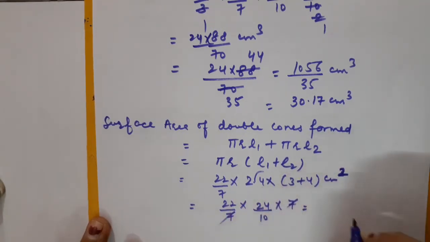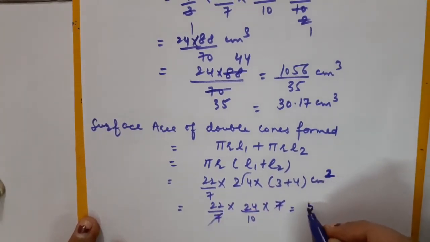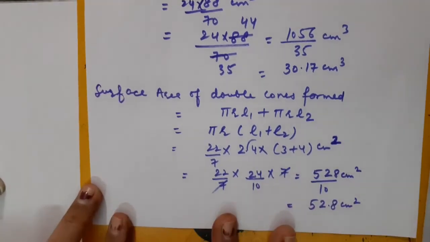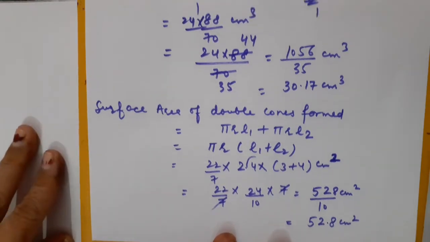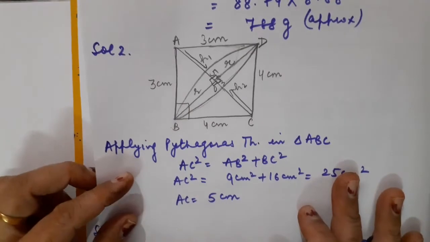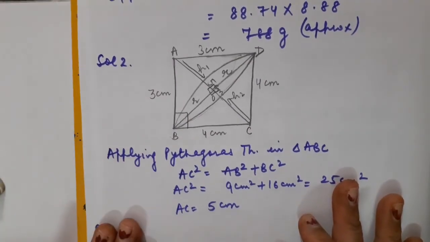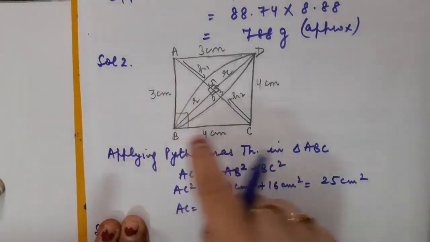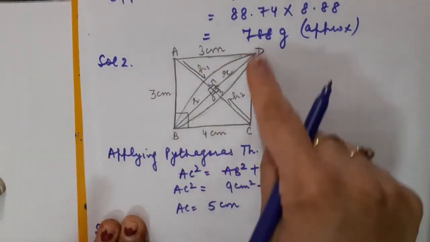When I multiply 24 by 22, I have got 528 divided by 10 square centimeter. So the answer is 52.8 square centimeter. Clear, students? So that is how we calculated the volume and the surface area of the double cones formed while revolving a right angled triangle around its hypotenuse.